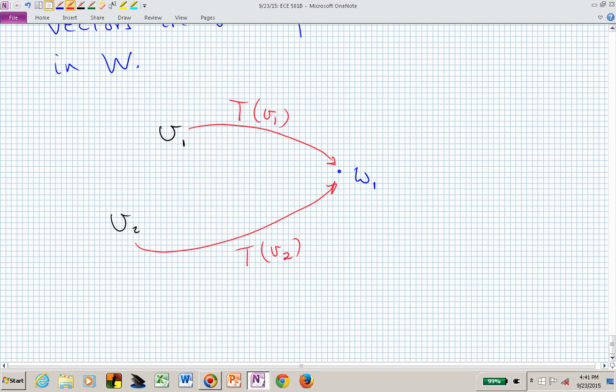And that's the image that I'm hoping you start to see when you say, oh, T is non-injective.